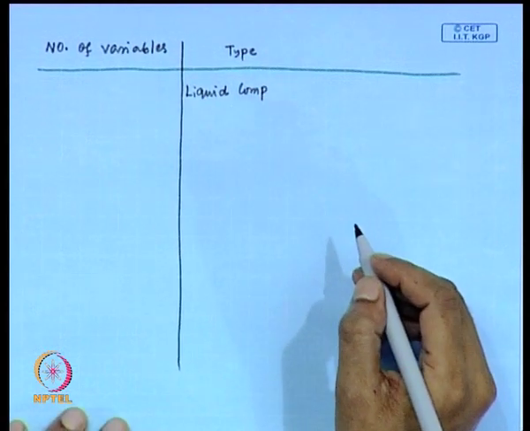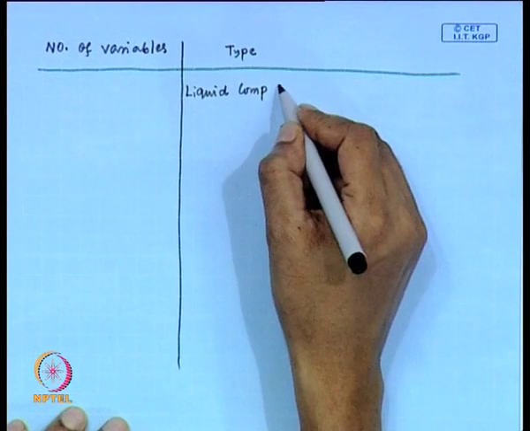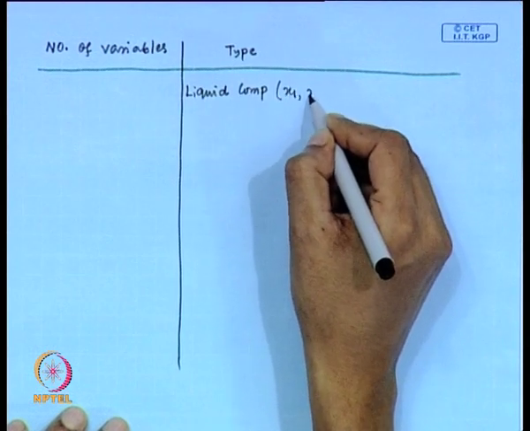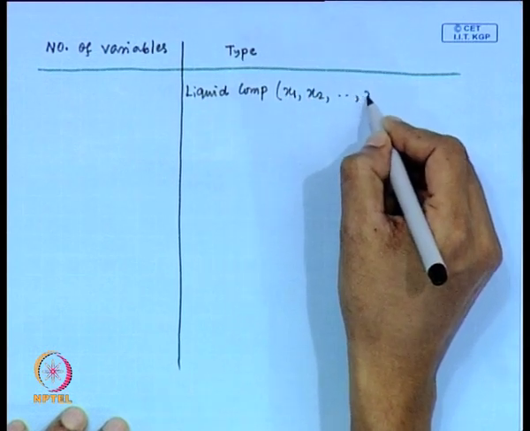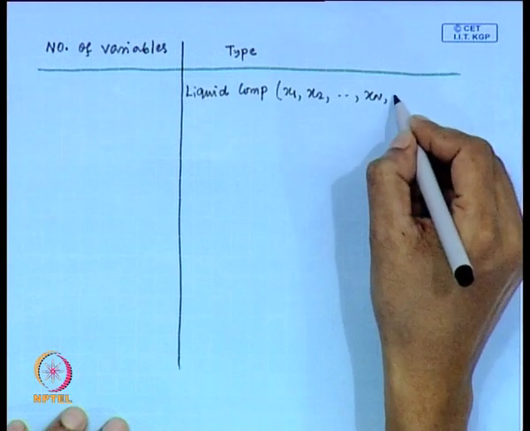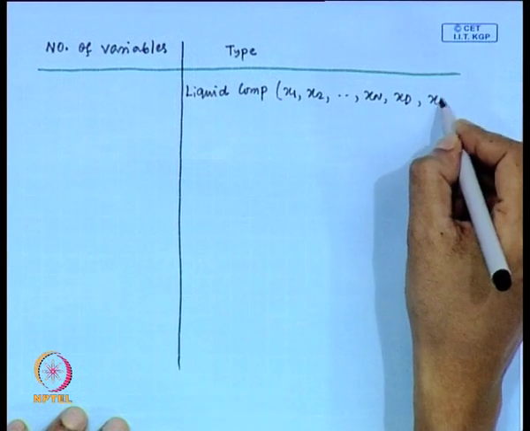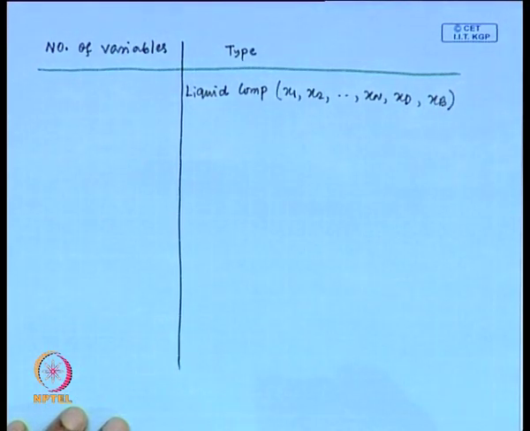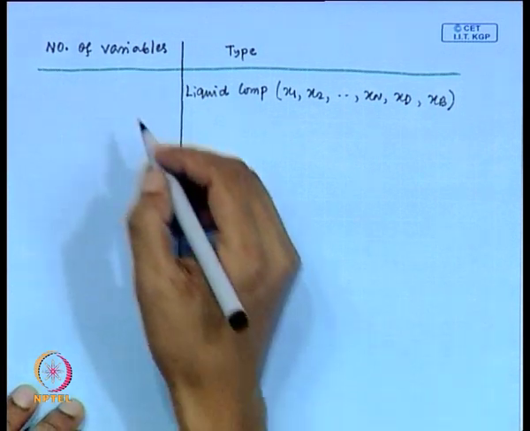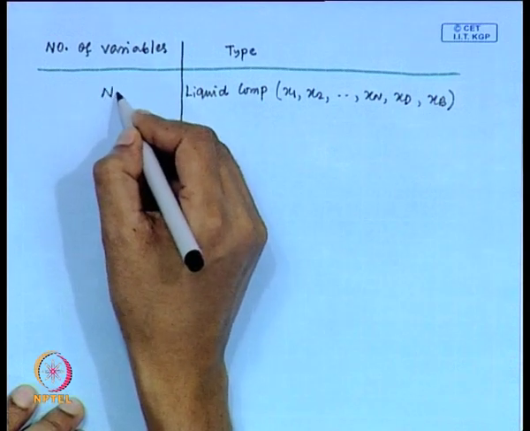How many liquid compositions are involved? X1, X2, Xn, one for top section and one for bottom section. Fine. N number of liquid compositions for n trays, one for reflux drum and one for column base. So, n plus 2.